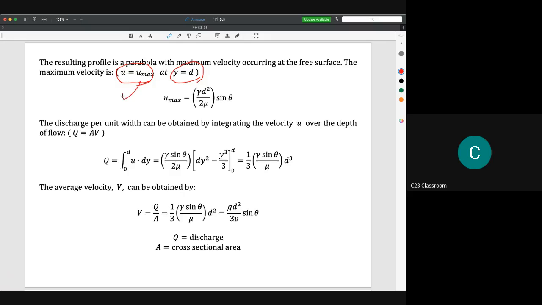Why is it maximum? Because the shear stress is the weakest there, because it is far away from the solid surface. For example, this is the surface, so this is the last molecule, and this is the second last molecule.